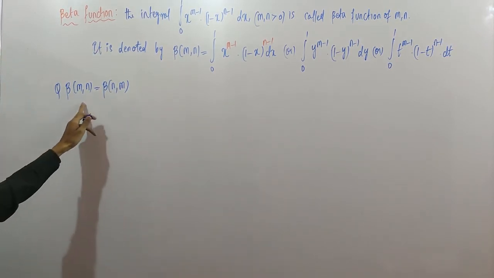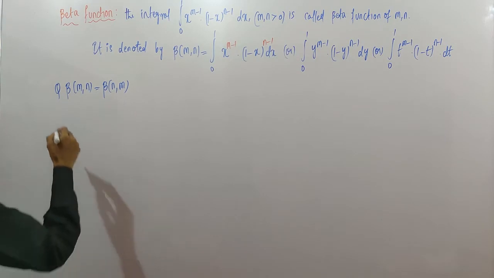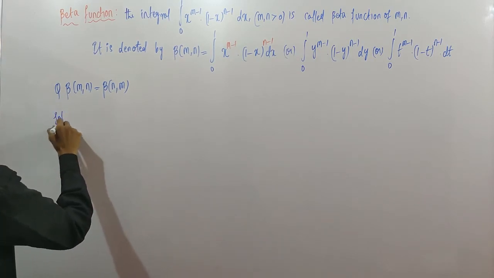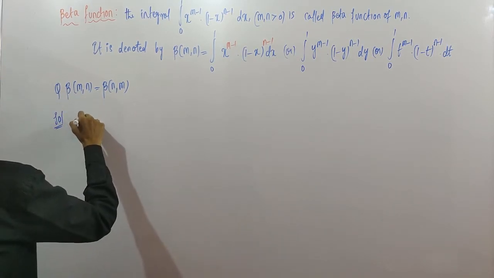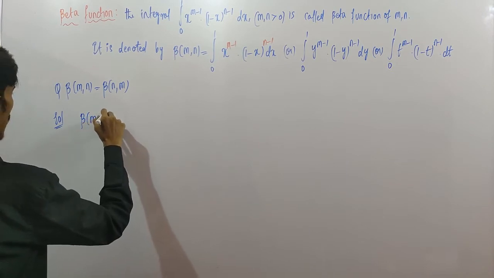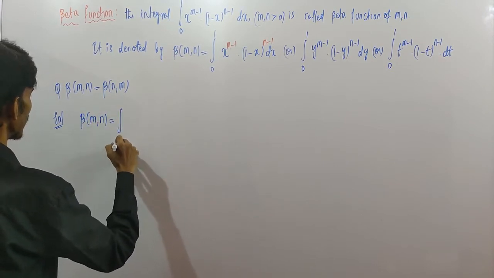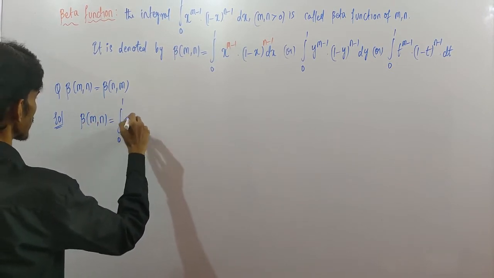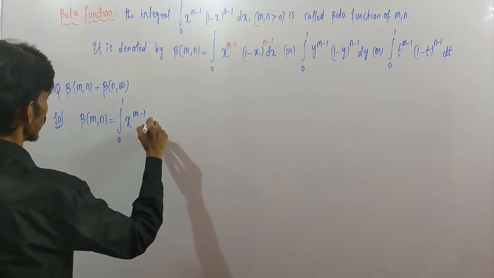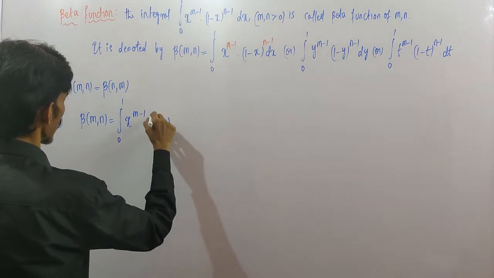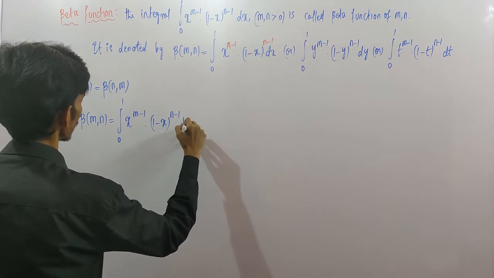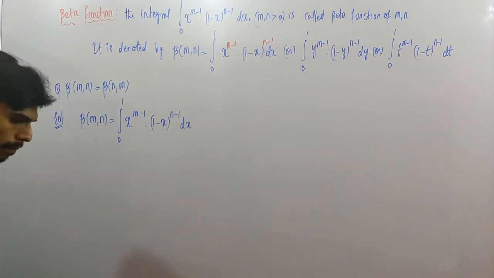Now let us see the proof of this property. We have seen that beta of m comma n is equals to integral 0 to 1 x power of m minus 1 into 1 minus x power of n minus 1 dx.